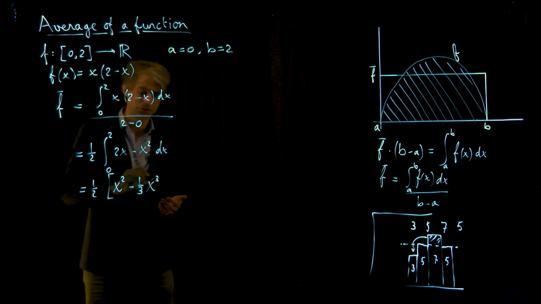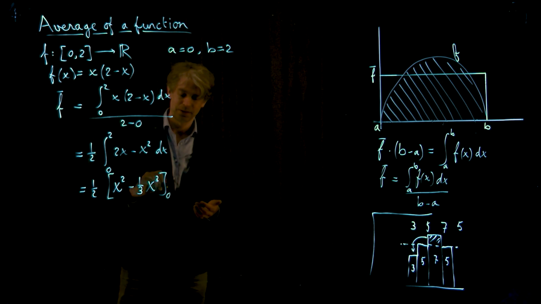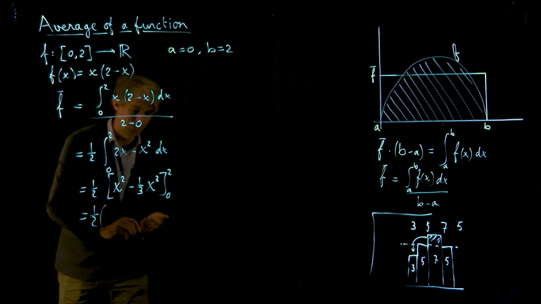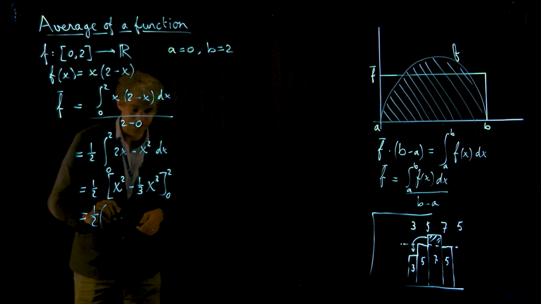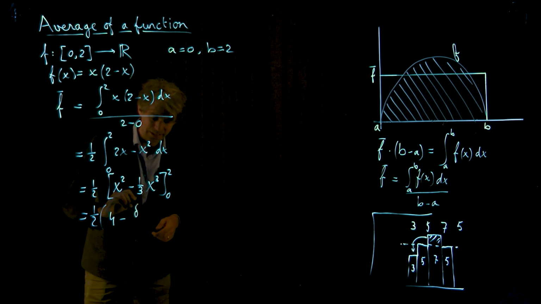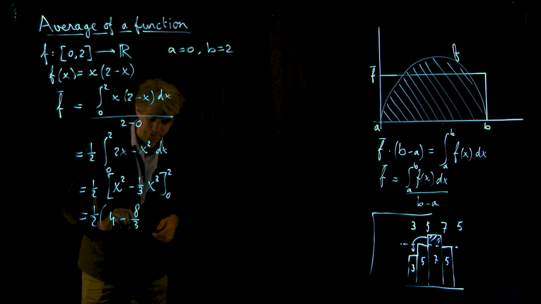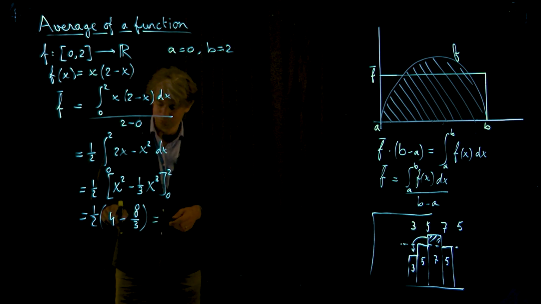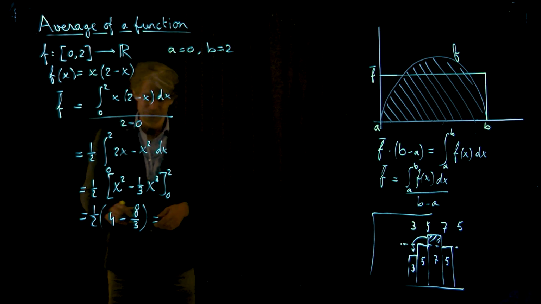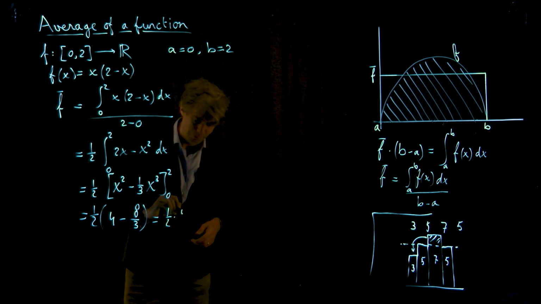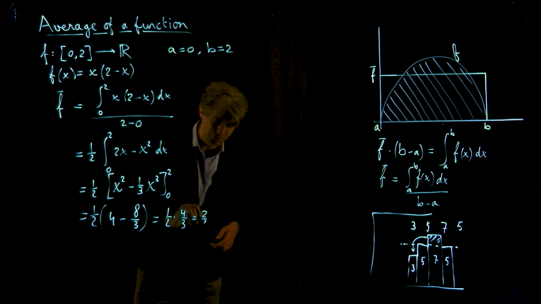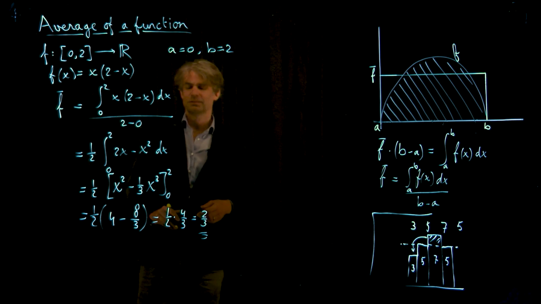And then we put the boundary values in there, 0 and 2, and we get 1/2 times, and then I open my bracket, I plug in the 2 here, I get 4 minus 8/3, like that. And that must be, well, 4 is 12/3, so I get 1/2 times 4/3, and my answer is 2/3. Does that make sense?